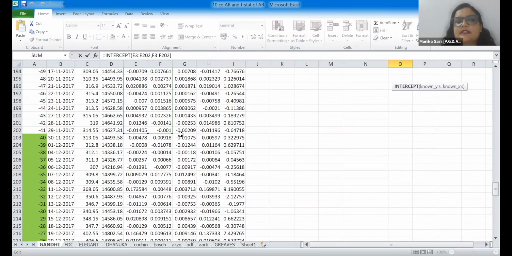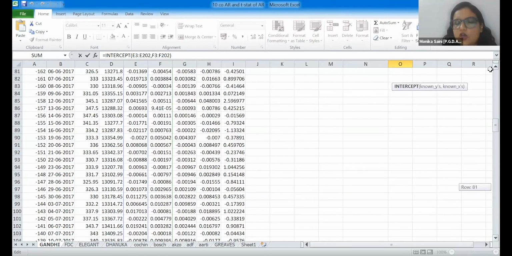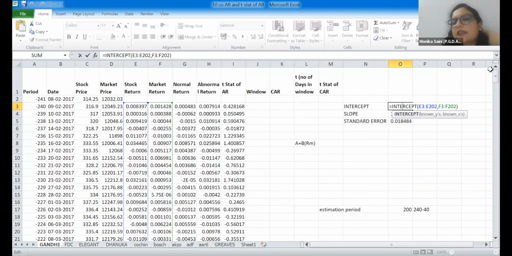So what is basically the abnormal return? Normal return is basically the return that we expect in the absence of the event. So this is the expected return or the normal return. So this will be calculated in the estimation period only. So whatever your estimation period is, we will be taking the slope and intercept data points till that only.